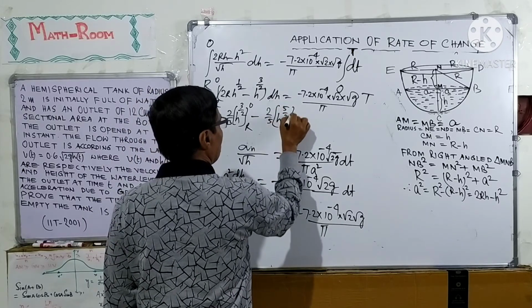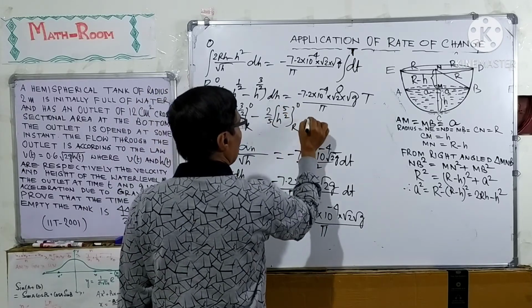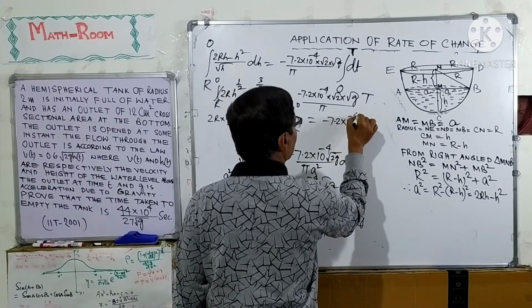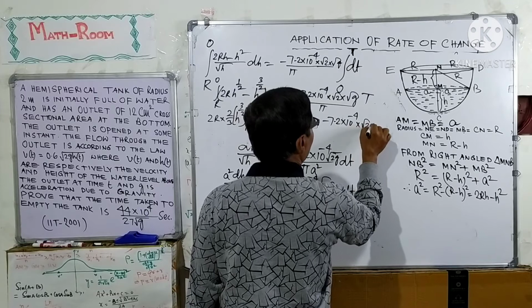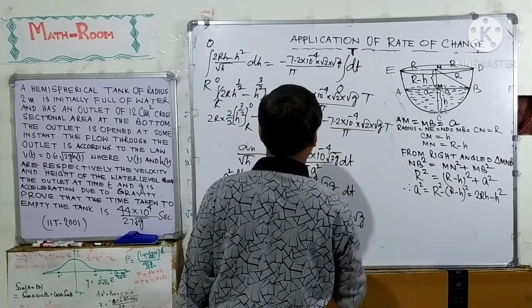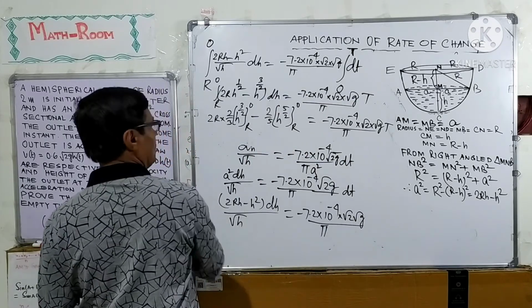Here also the limit is R to 0, equal to minus 7.2 times 10 to the power minus 4 into root 2 into root g into capital T over pi.